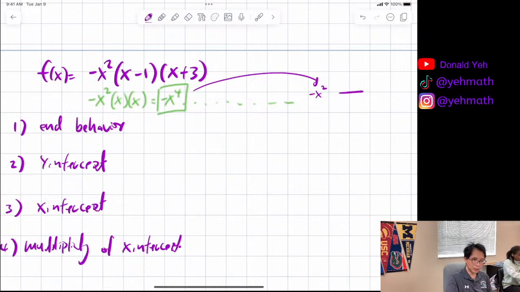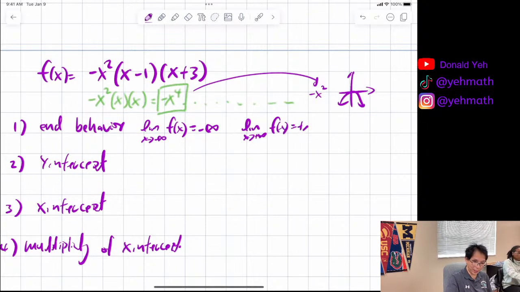So therefore, x squared looks like this, and therefore as x approaches negative infinity, always start from the left, always make sure you write it properly, the limit is equal to negative infinity. The limit as x approaches the right of f of x is equal to positive infinity. So that's just the way it is. Oh, sorry, not positive infinity, negative infinity, I lied. Okay, so that means both sides are going to go down.